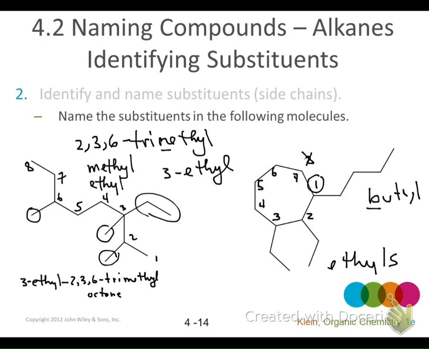So how would you name that? You have to put the one. Yeah, 1 butyl, right? A lot of people will say you can leave that off because it's implied that it's in the number 1 position because it's on a ring. The reality is, most of the time people will leave it in there. So I don't care either way with the number 1.